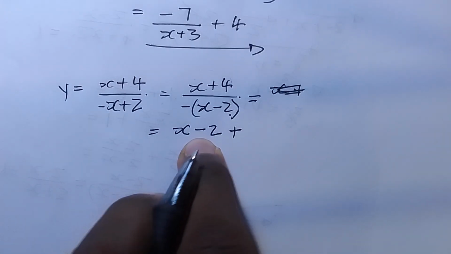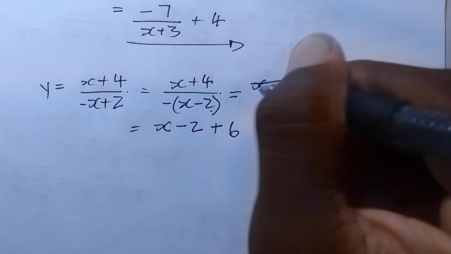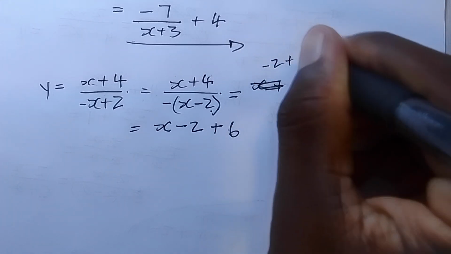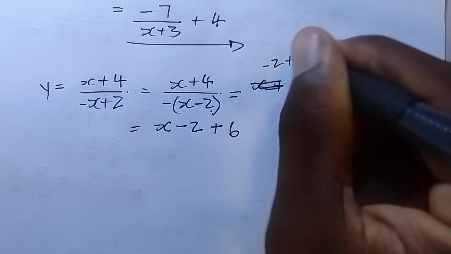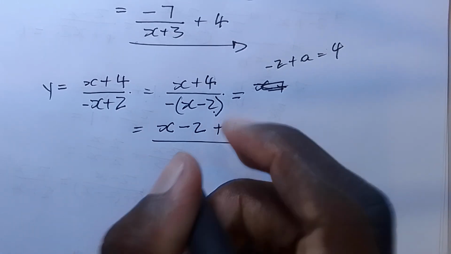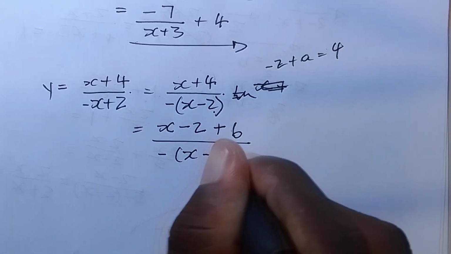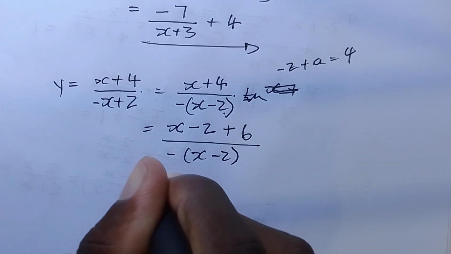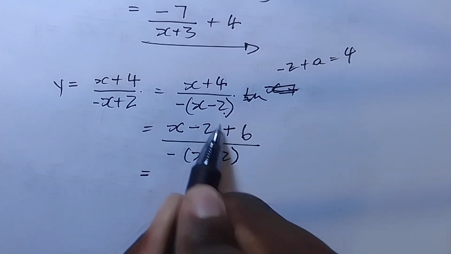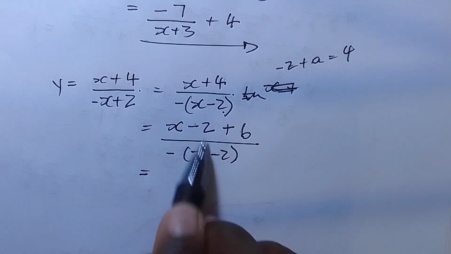What do you add to minus 2 to get 4? You add 6. You can do the method where you say minus 2 plus a is equal to 4, and then you transpose the 2, you get 6. Then you divide by negative into x minus 2, and then you say this divided by this, and 6 divided by this.